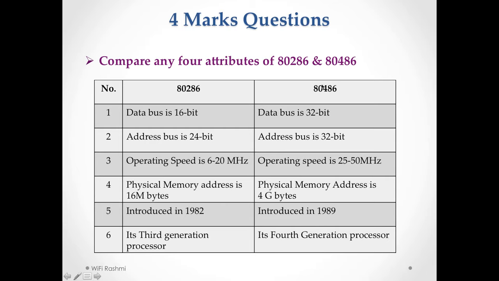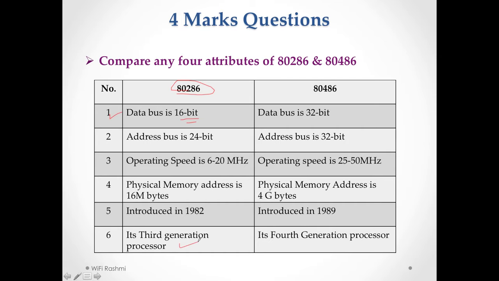Now the next one, compare any four attributes of 80286 and 80486. मैंने लास्ट 3 लेक्चर्स में 80286 के फीचर्स आप लोग को एक्सप्लेन नहीं किया है, इसलिए आई एम गिविंग दिस हियर. So 80286, let's start comparing. 80286 data bus is 16 bit, it is a third generation processor.